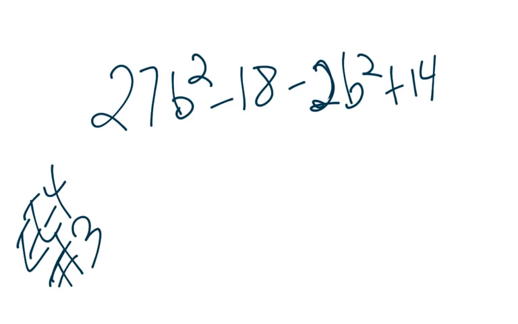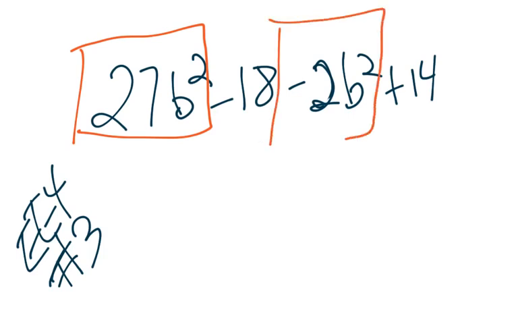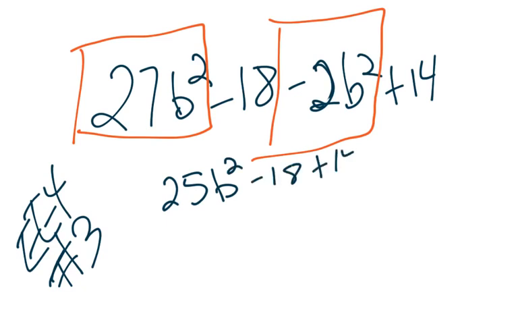Okay, so I'm going to start by combining 27b squared and negative 2b squared. So when I add 27b squared and negative 2b squared, it's the same thing as subtracting 2b squared from 27b squared. So that's going to leave me with 25b squared, and then I'm going to bring everything else down like this.